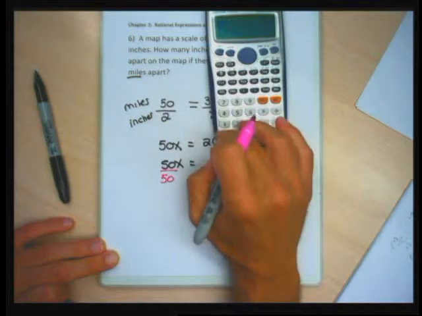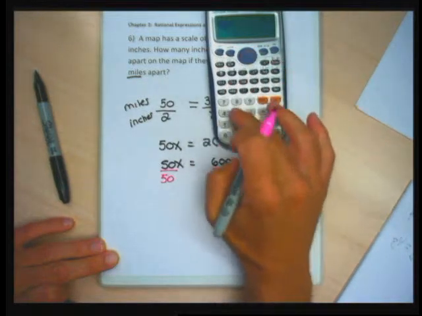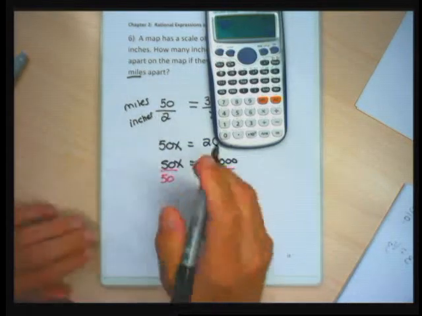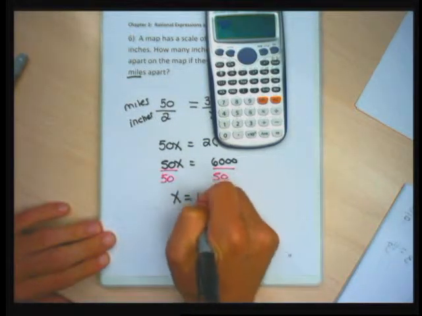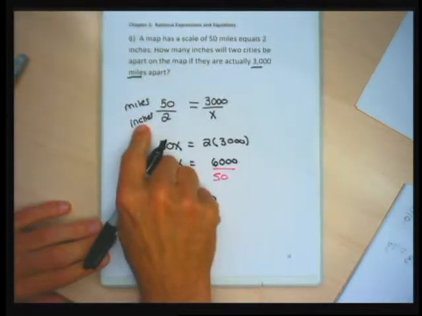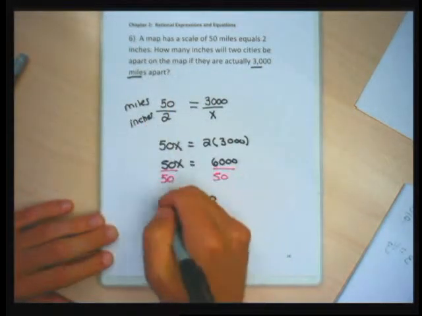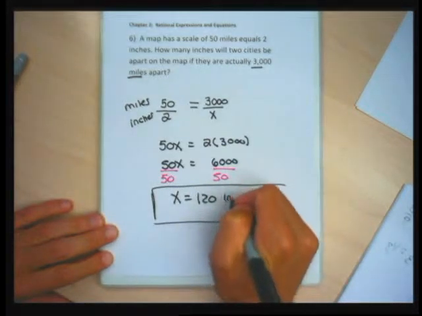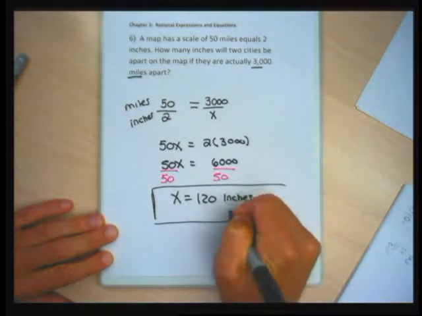So I'm going to go 6,000 over 50. So yes, it's an insanely big map. So I get x equal to 120. The units for that x is a unit for the denominator, which are inches. So the cities on the map are going to be 10 feet, or 120 inches apart.